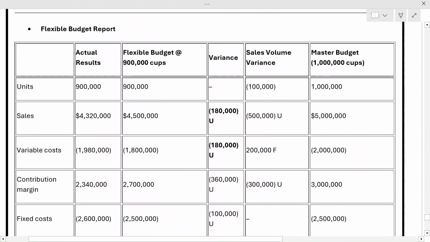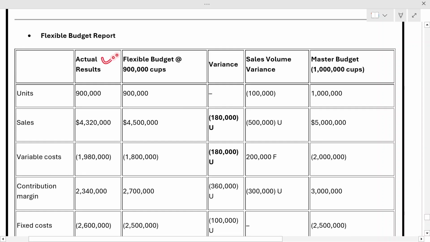Now, we need to create a flexible budget based on this. So, we can simply say what are our actual results.